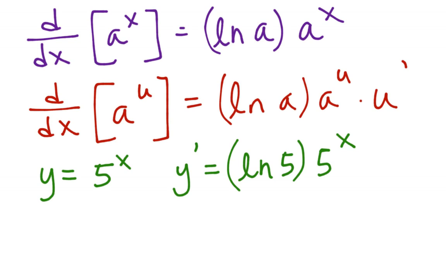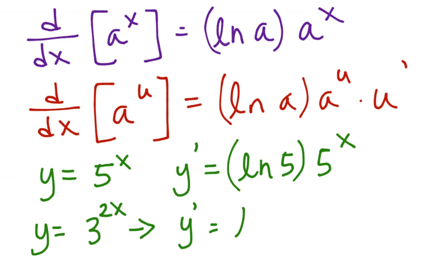I can look at another example, y equals 3 to the 2x. So now I have an a to the u scenario, and the derivative is equal to ln a, ln 3, times 3 to the 2x times 2.